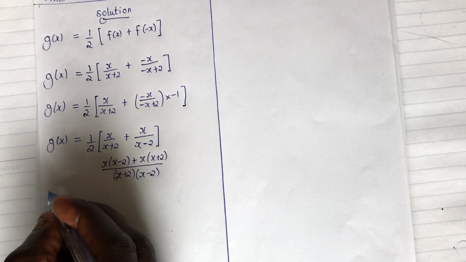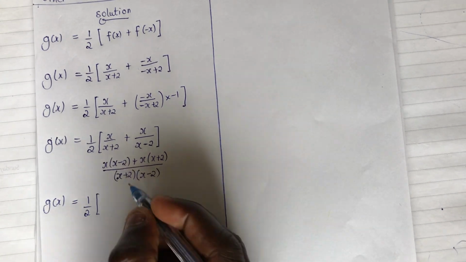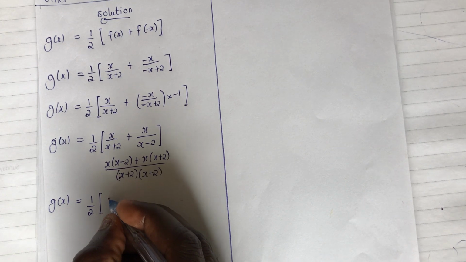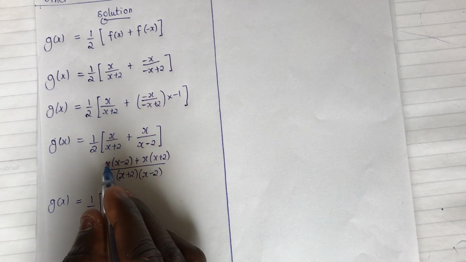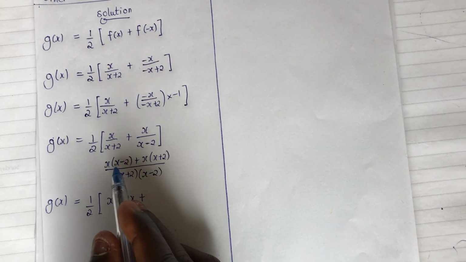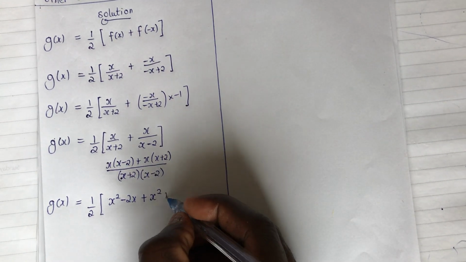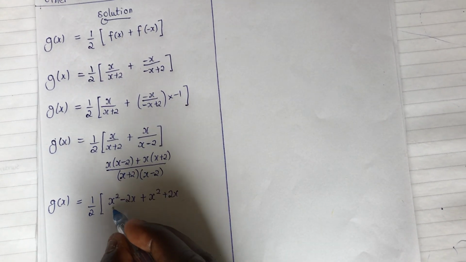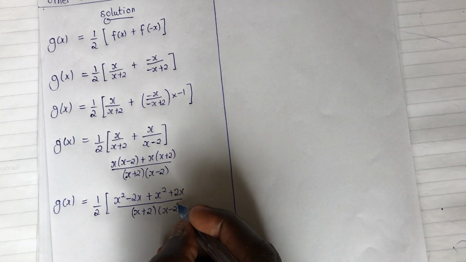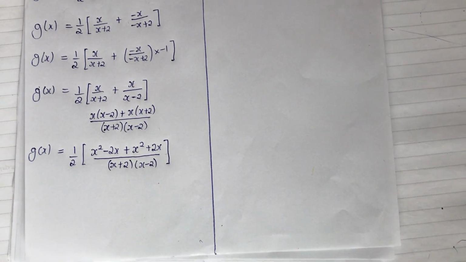So the function becomes g of x will be equal to 1 out of 2 into bracket. This time this will give me x squared. This time this will give me minus 2x, plus x times x will give me x squared, x times this plus 2x, all divided by x plus 2, x minus 2. Put everything into brackets. So this is what we are having.